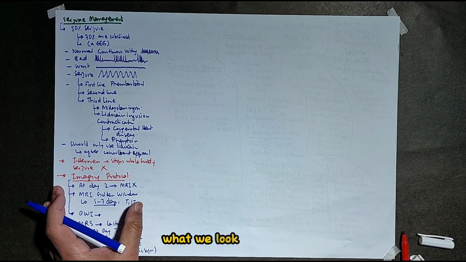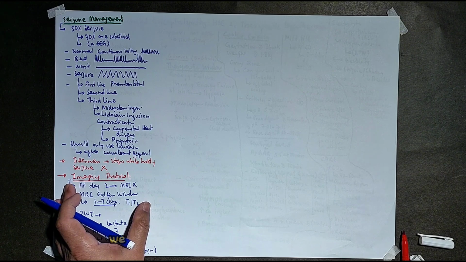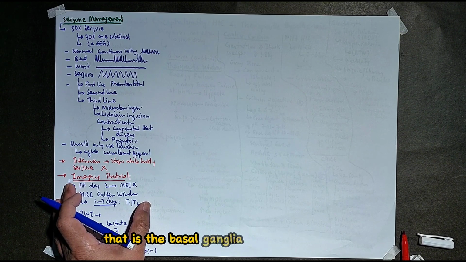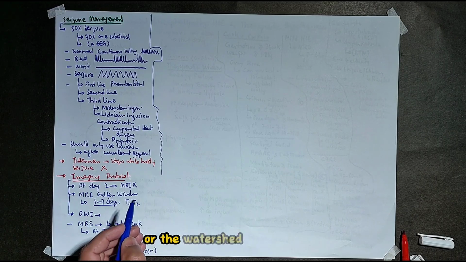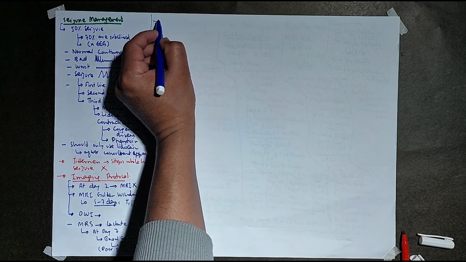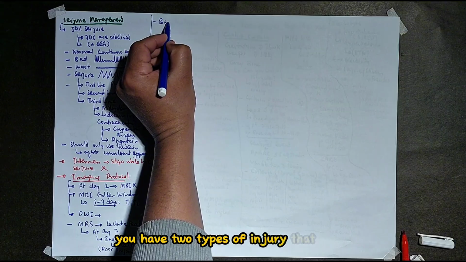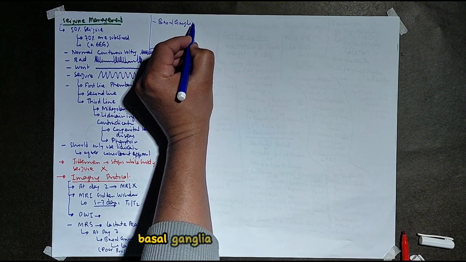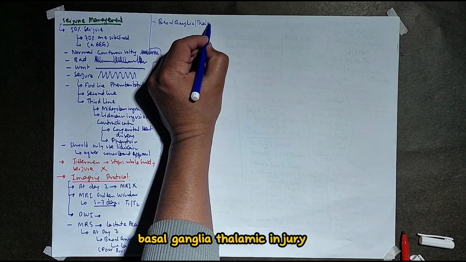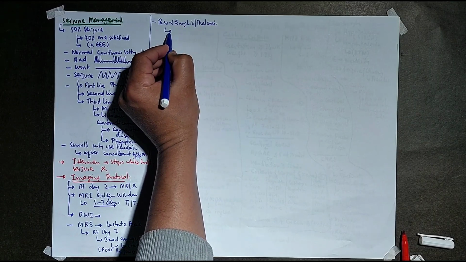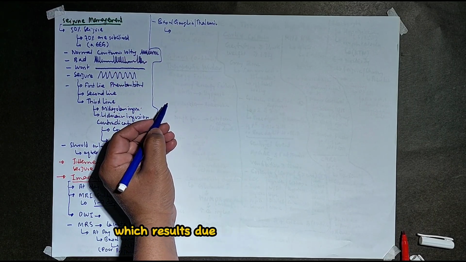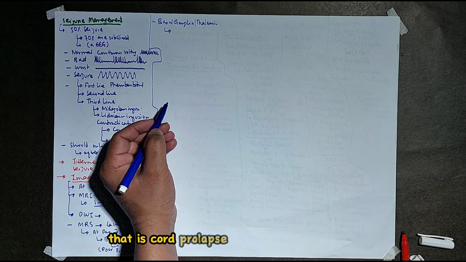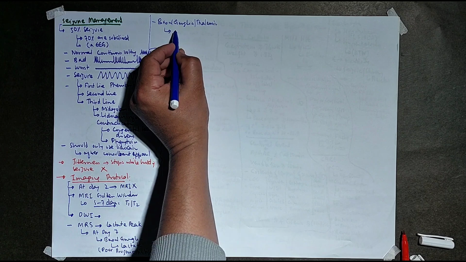On MRI, we should look for two types of injury: the basal ganglia thalamus injury or the watershed injury. The basal ganglia thalamic injury results from acute profound events, that is cord prolapse or uterine rupture.